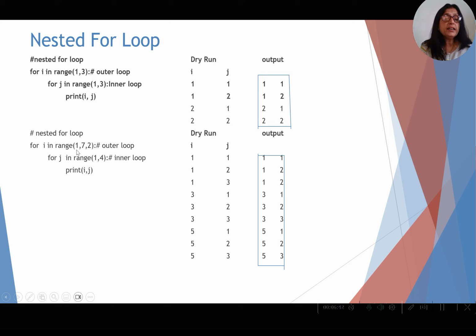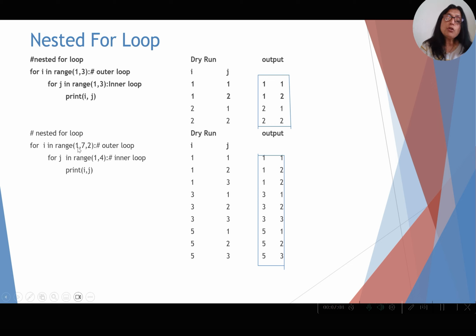For I in range 1, 7, 2: 1 is the initial value, 7 is the final value and 2 is the step. Suppose we execute the outer loop, what I values will it generate? First it will be 1, then 3, then 5. 7 will not be printed because your upper bound equals final value minus 1.